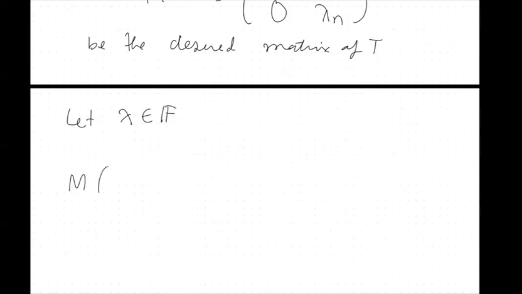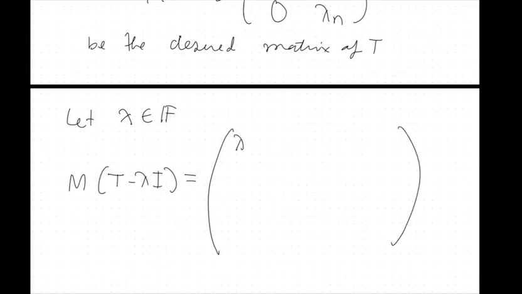Then we look at the matrix of T minus lambda I. This has lambda 1 minus lambda, then some asterisks, and down to lambda n minus lambda, and below is 0.